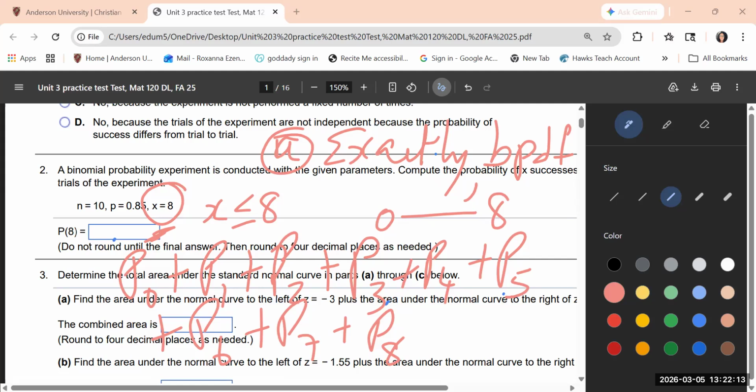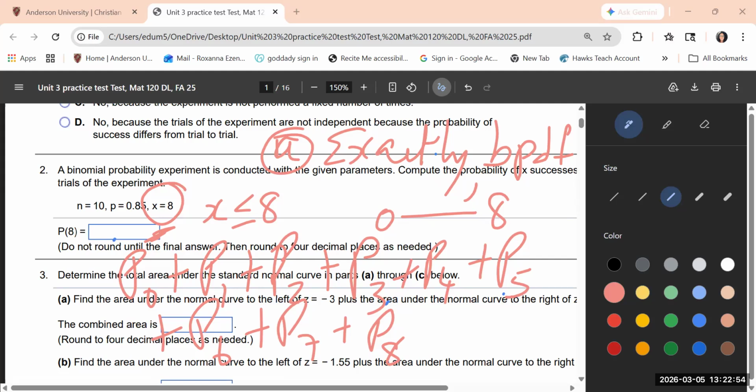Altogether I have P0, P1, P2, P3, P4, P5, P6, P7, P8, and P9, and P10. These are the possibilities. But the question is asking me, what is the probability that the random variable starts from P5 to P8? So I'm only supposed to find P5 plus P6 plus P7 plus P8.